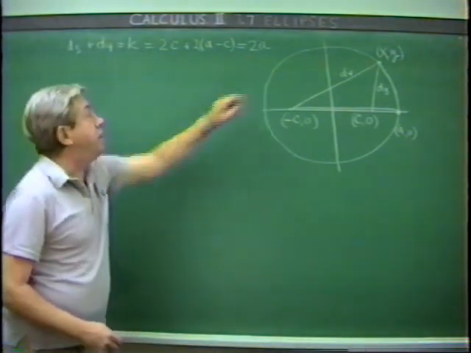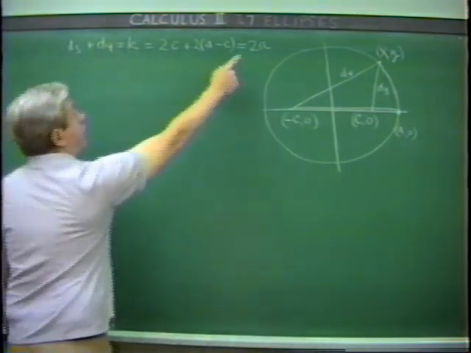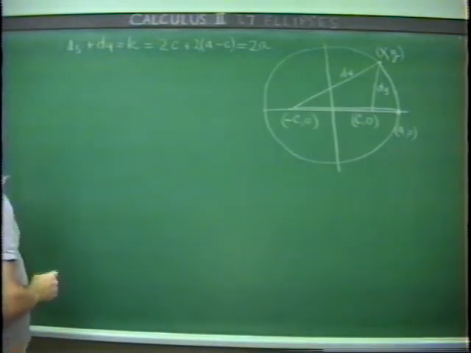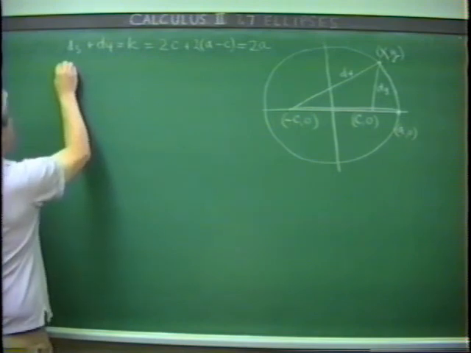So the equation of the ellipse, if this indeed gives us an ellipse, is going to be gotten by d3 plus d4 is 2 times a. Let's write that out.